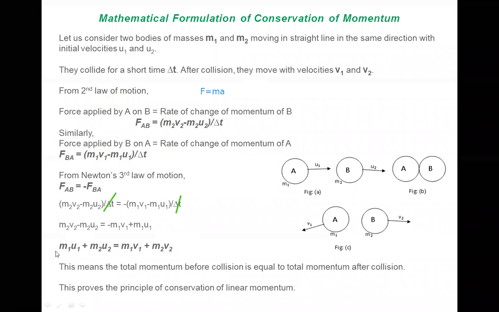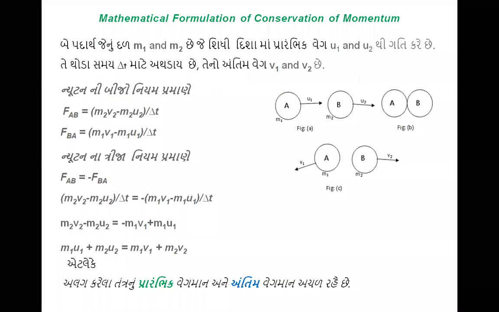So momentum before collision is equal to momentum after collision, m1v1 plus m2v2. This means the total momentum before collision is equal to the total momentum after collision. This proves the principle of conservation of linear momentum.